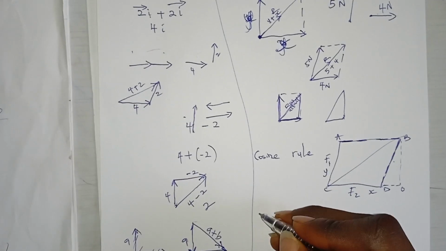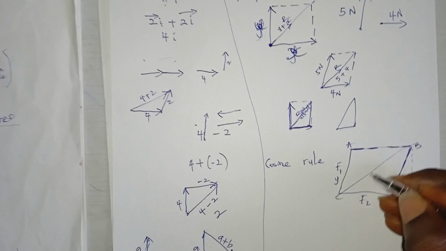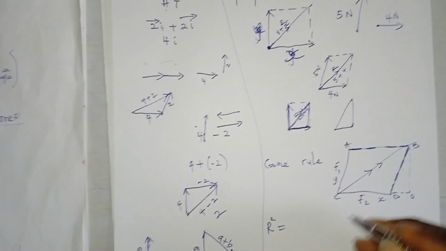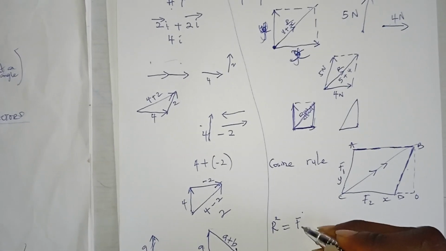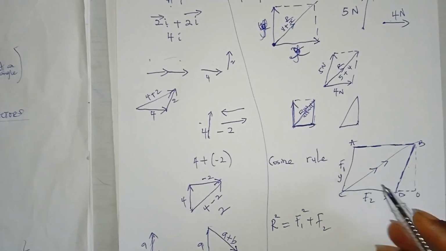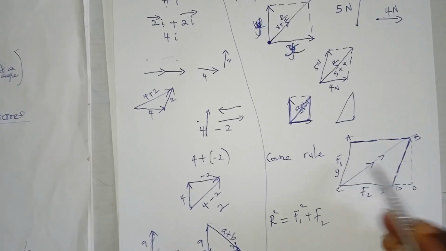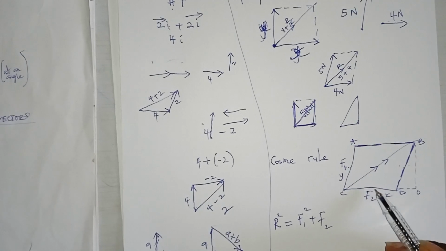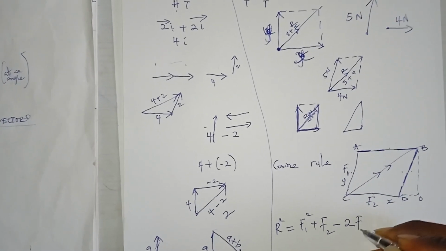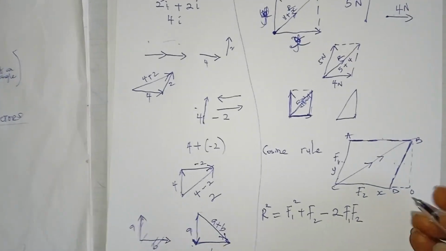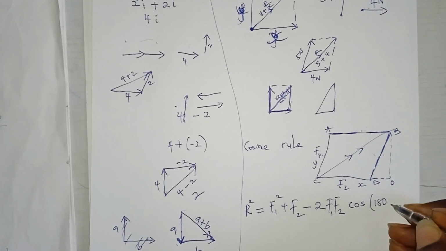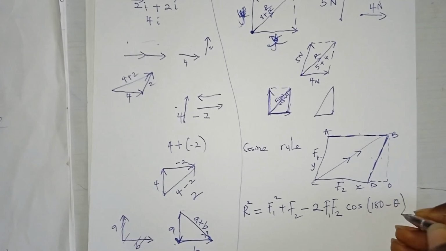So to get the rule, the resultant here can be said to be R squared equals F1 squared plus F2 squared, minus 2F1F2 cos (180 minus theta).